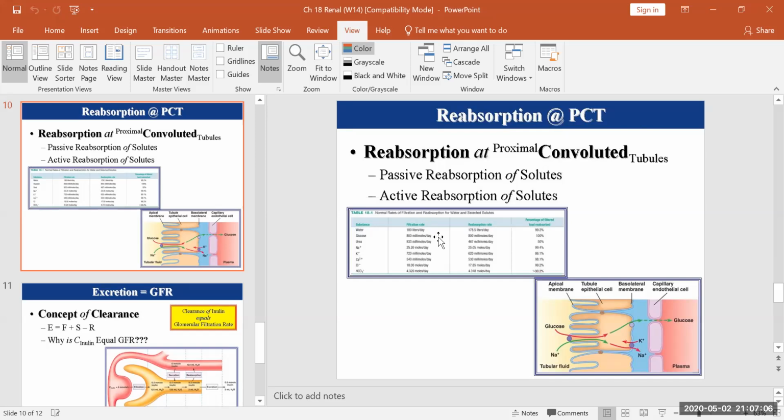This table here, there's nothing cerebral about this. It's just to show you most of these chemicals, even though they're filtered, will be reclaimed by tubular reabsorption. And I stress the word here, it's not absorption, it's reabsorption.